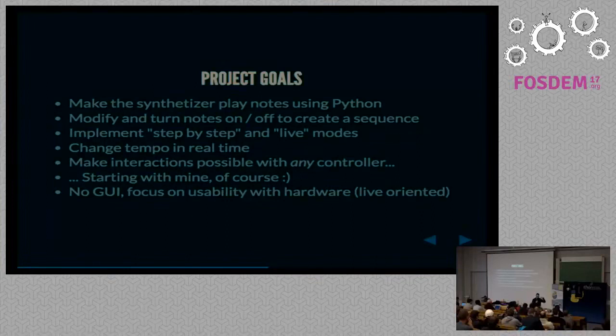I wanted to modify, turn, activate or not steps to create a sequence, implement the 2 modes I've talked about, change tempo in real time, that's useful, and create abstractions to make these interactions possible with any controller.